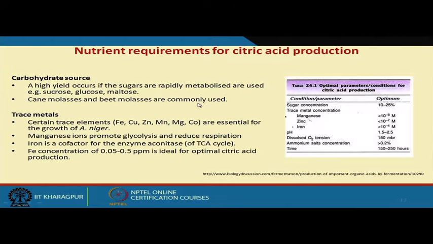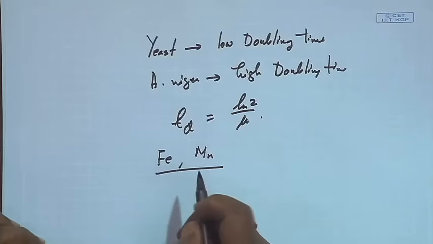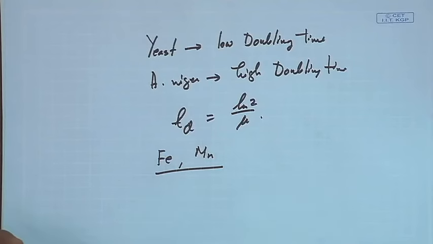So iron and manganese play a very important role, and manganese affects phosphofructokinase, the enzyme. If we reduce the manganese concentration in the media, then citric acid inhibition of phosphofructokinase will be reduced, because if the activity of phosphofructokinase is inhibited in the Embden-Meyerhof pathway, then our citric acid yield in the fermentation process will be reduced to a great extent.